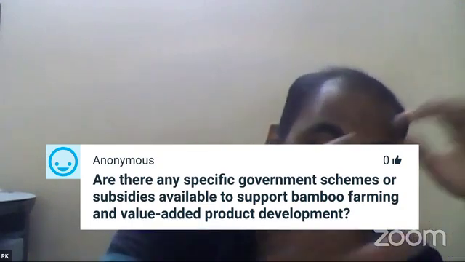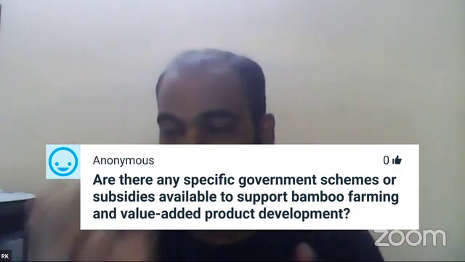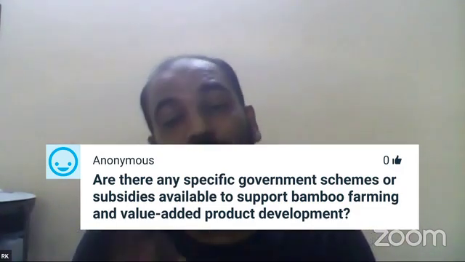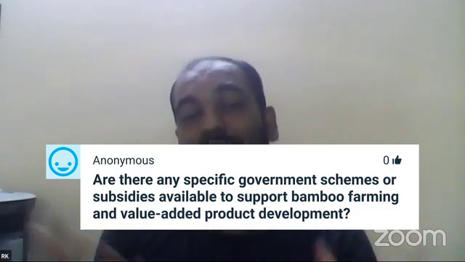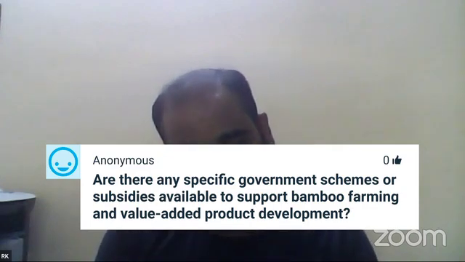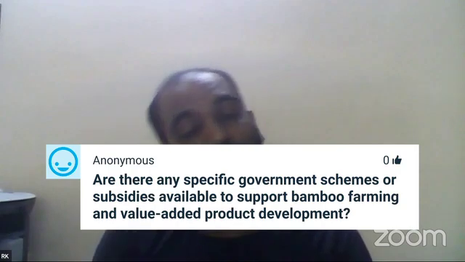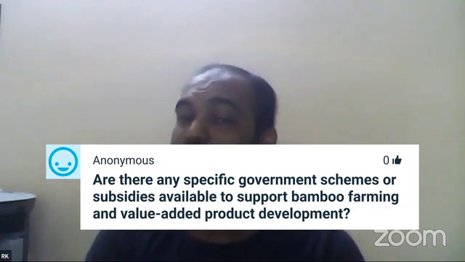Each and every year the nodal officer allots funds. They give authentic subsidy to farmers, free planting material, training, and bamboo plantation marketing training: how to market, where to market, and how to make value-added products. Everything they are giving. We only have to use it.